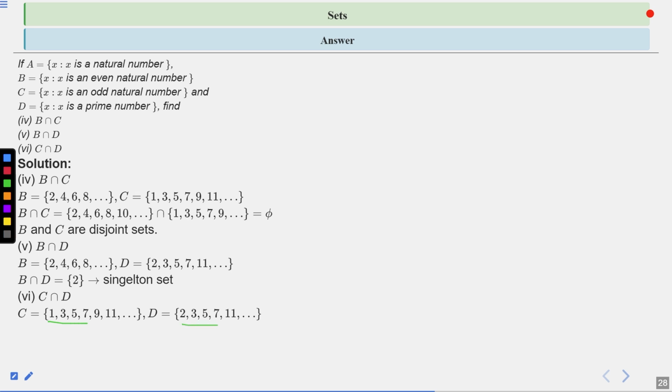So C intersection D will be simply the odd prime numbers. So just remove 2 from the collection of primes and you will get your C intersection D: 3, 5, 7, 11 and so on. Indeed, it is an infinite set. Clear?